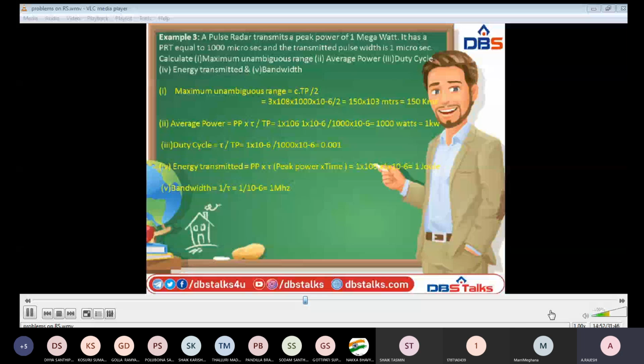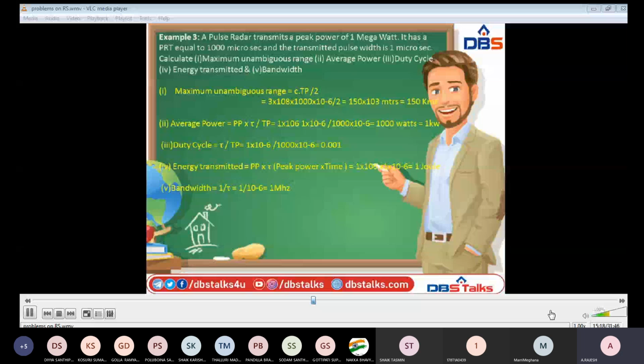And the energy transmitted is equal to peak power into time, that is 1 into 10 to the power of 6, into 1 into 10 to the power of minus 6, which will be equal to 1 joule.